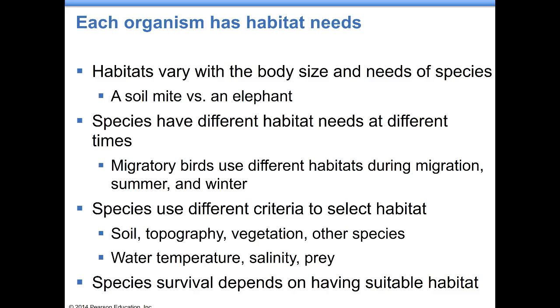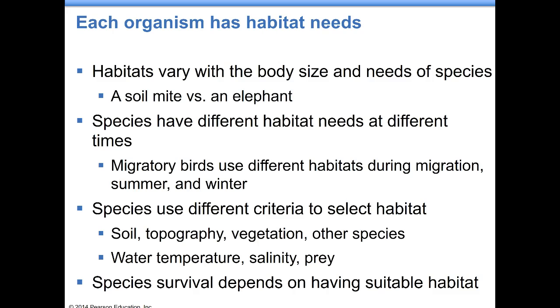If we're talking about an organism that lives in water, then we've got to consider the water temperature, the salinity, the depth, and the flow of the water. All of these things can determine what kind of species could live there. A blowfish, which is really round, is probably not going to do well in a flowing water ecosystem because it's fat and big and is going to be caught in the currents.